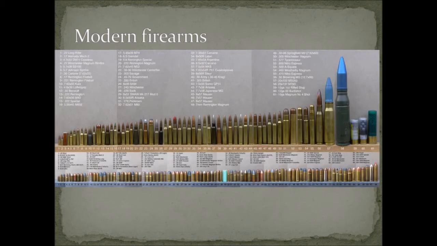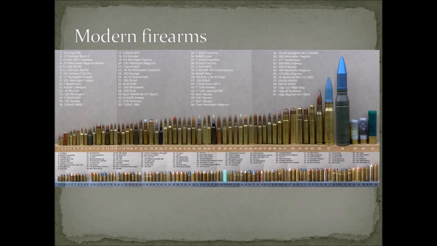Before we get too far into firearm types, there are a couple of things I want to identify here. All the way from number 1, which is way over here on the end, we've got bullets ranged roughly in size. These are bullets commonly used here in the US.